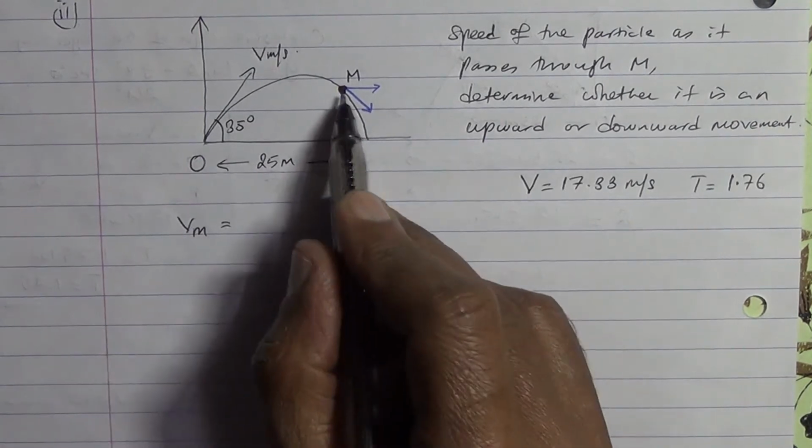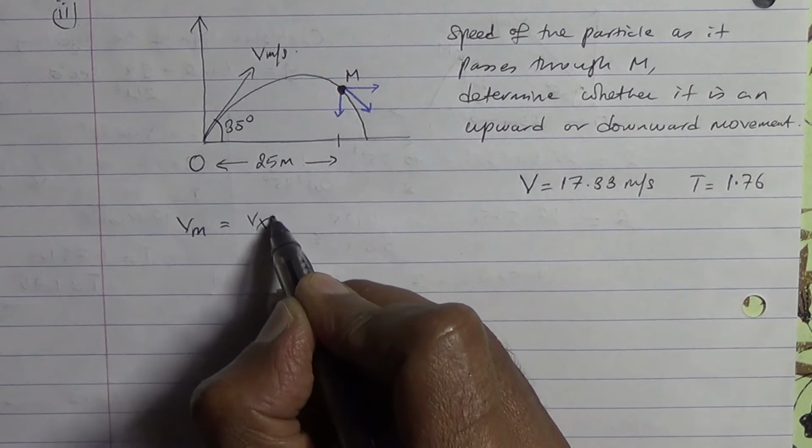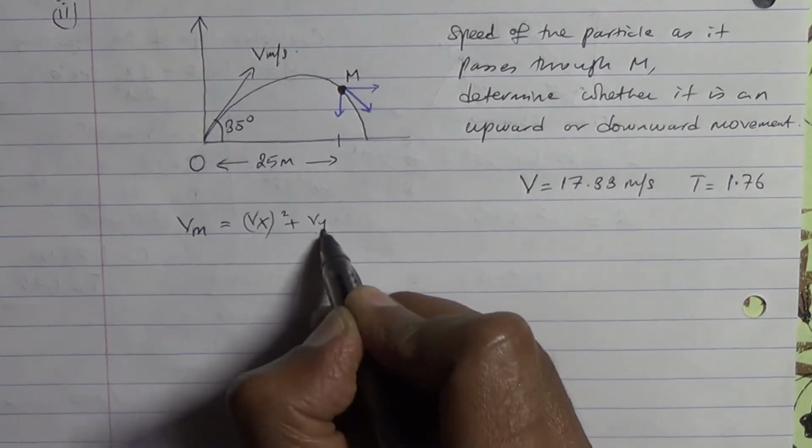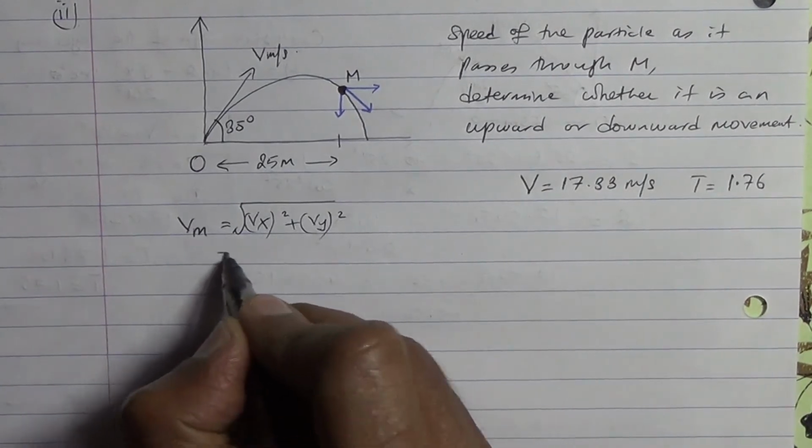By using Pythagoras theorem, we can take the horizontal component Vx squared plus Vy squared.